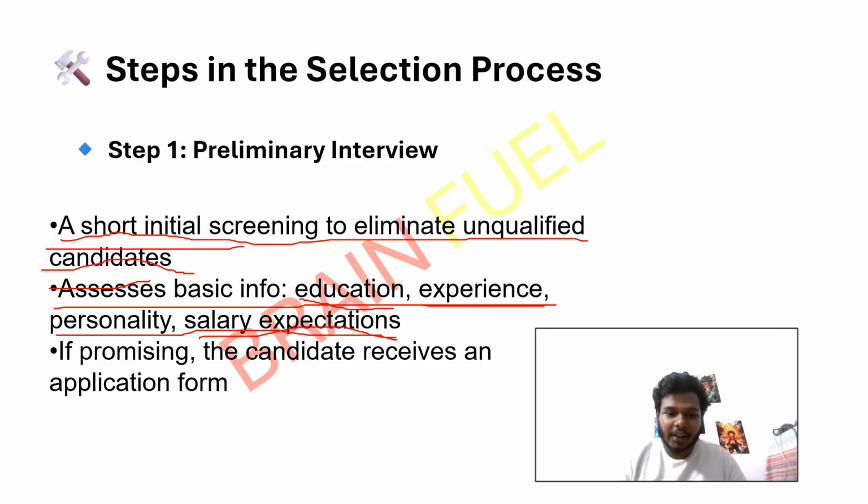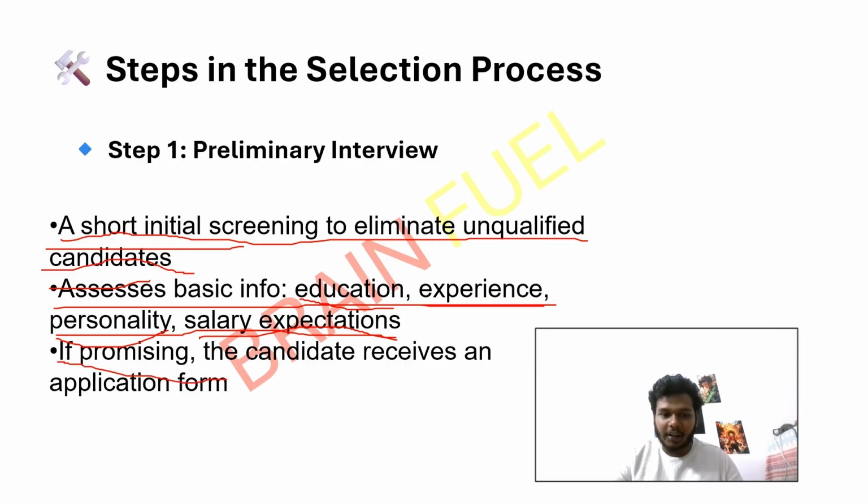And the personality: the way the person is dressed and how he speaks, how he talks, the way he uses hand motions, whether he shows emotions in his words or not. If they are choosing for coding, it will not be required, but if they are selecting for customer experience or customer support, then the personality is required for sure.